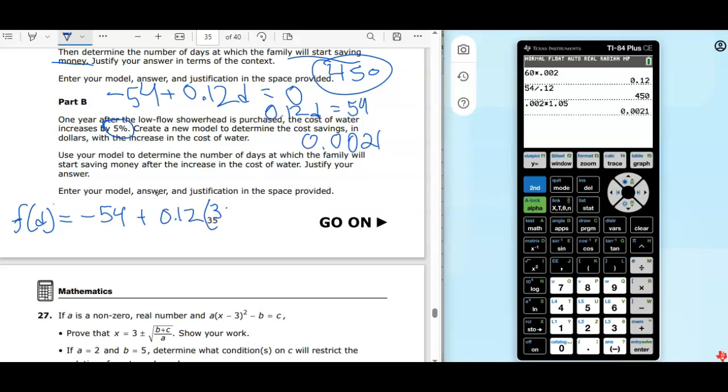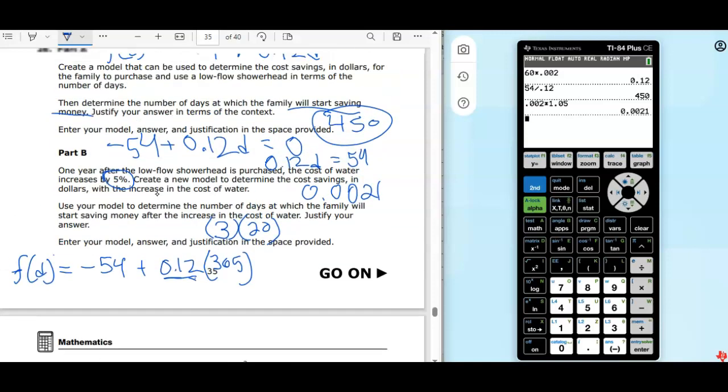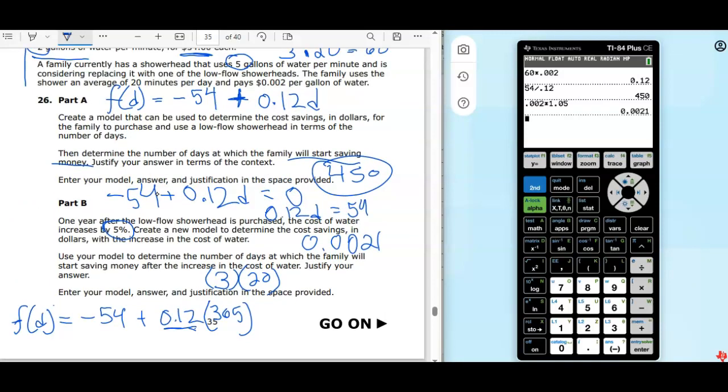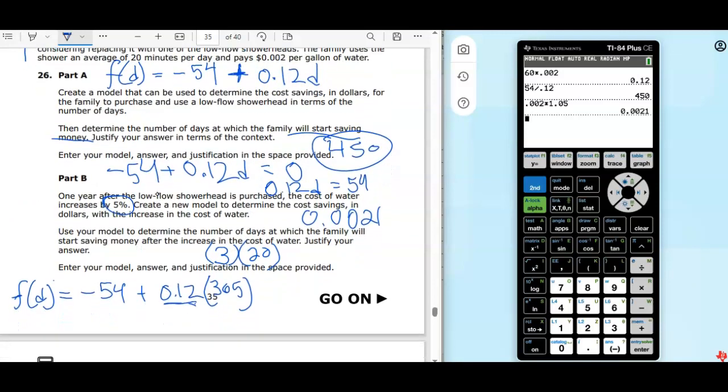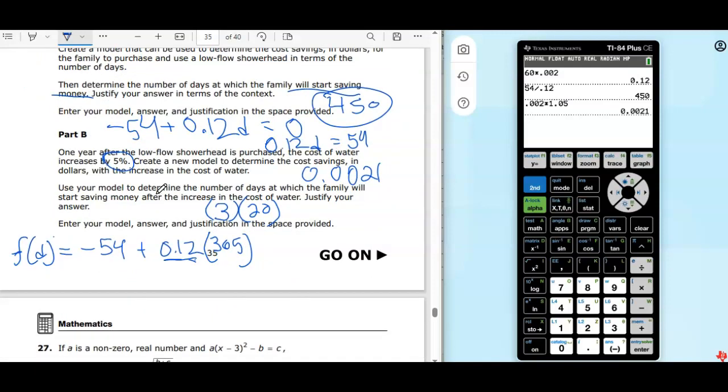Okay, so far our savings has been, if we do f of d, negative 54 plus 0.12 times 365, right? Because we're doing this for 365 days for 1 year, and now the cost is changing. So instead of this being 12 cents a day that I'm saving, remember, it's 3 gallons of water a minute times an average of 20 minutes per day, and times now the new cost, which is 0.0021.